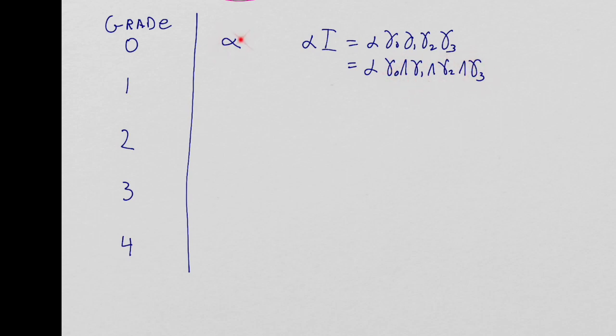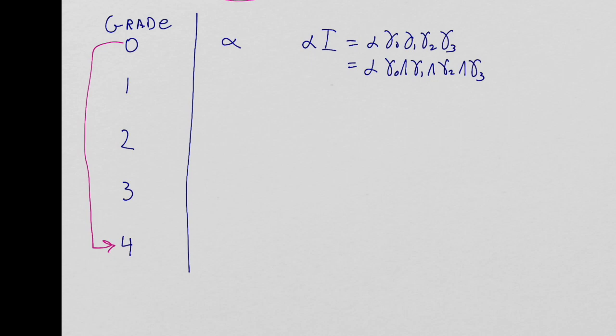So I've taken something from grade 0 and multiplying by I, I now have something in grade 4, right? So multiplying by I on the right has converted something from grade 0 to grade 4.